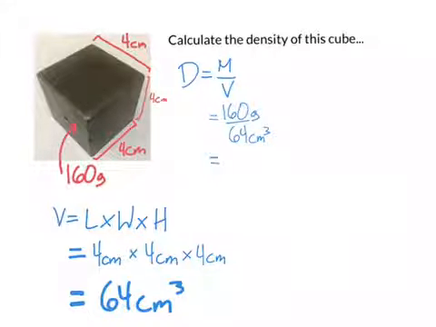Next, we just do the math, and if you type it into your calculator, it's 2.5, and we've got to make sure, again, we keep these units straight, grams per centimeters cubed, and that is a measurement of density.